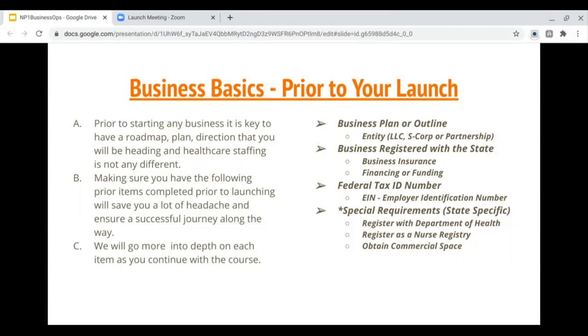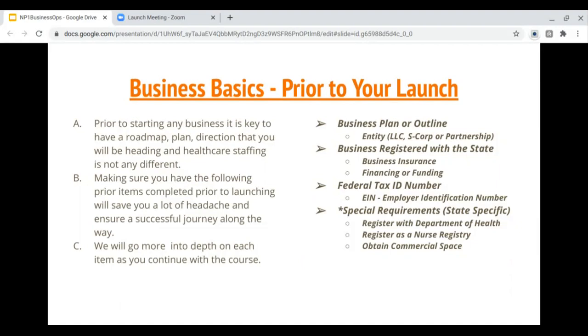One of those states, and I'm not sure if we have anybody on the call, is Florida. That process is where you have to register with AHCA, in addition to registering with the state, as well as some states where you have to register as a nurse registry. And California is one of those states.